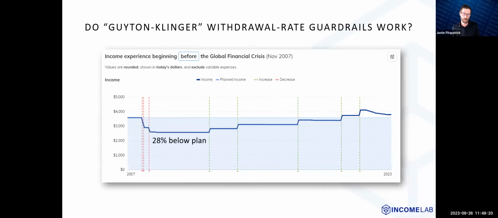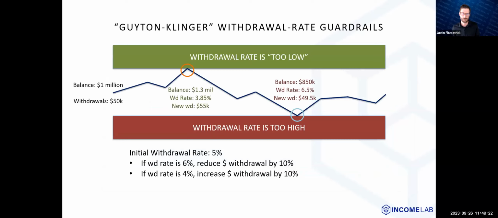But that is one of the other problems with actually following or coming up with a Guyton-Klinger withdrawal rate guardrail plan, is really they should be different if you have a different portfolio, right? So you don't expect as much volatility in a bond portfolio as in a stock portfolio, and so on. So really, the guardrail should be different. I used 20% and 10%, which is what you'll find in those papers, but they probably should be different in a different one. The problem is it's not entirely clear what they should be.